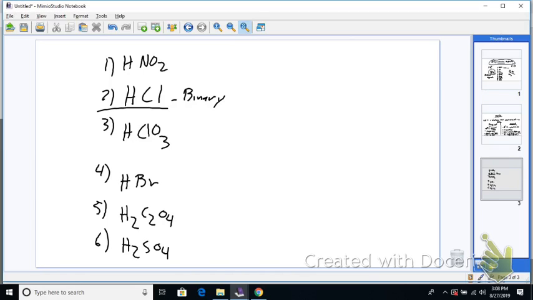What else? HBr, binary. Any others? I think that's it, right? I'm not going to list what the other ones are because they're going to be with the polyatomic ion. So if I was naming this and it's binary, what do we know it starts with? Hydro. Hydrochloric acid.